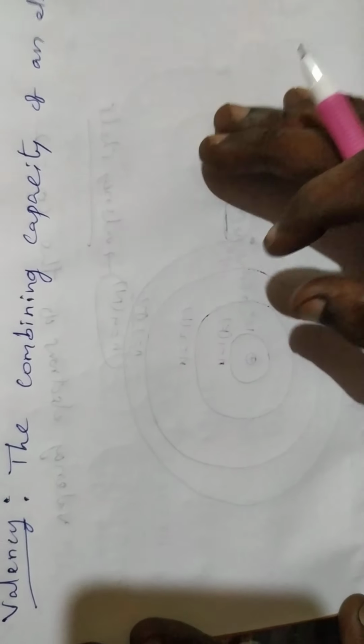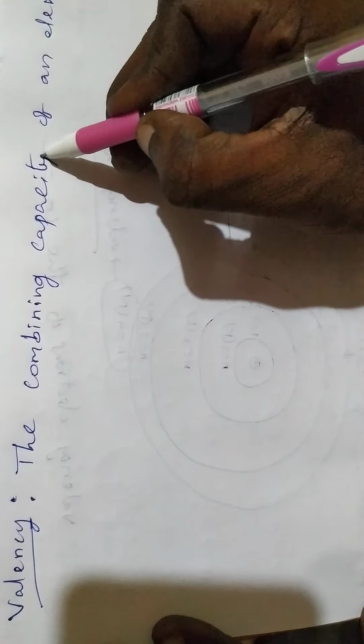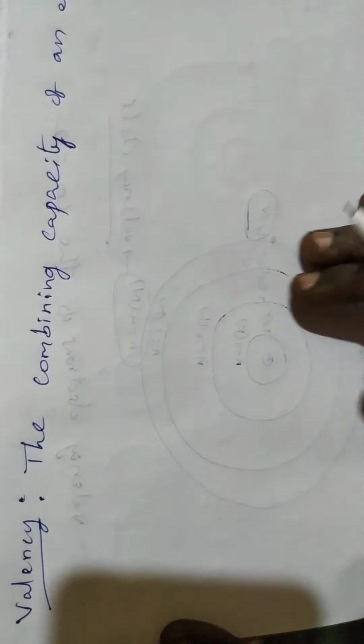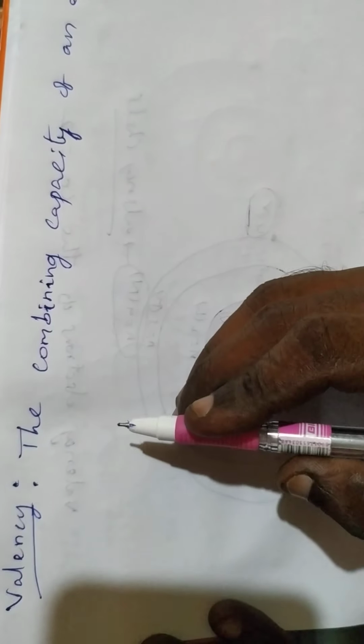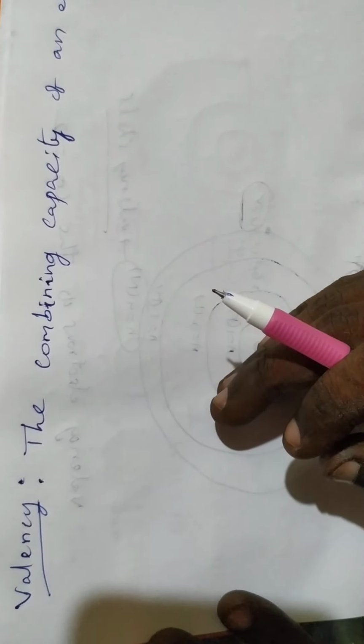The combining capacity of an element is valency. An element bonds with how many hydrogens, that is the combining capacity, that is valency.